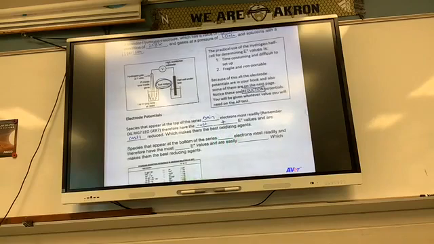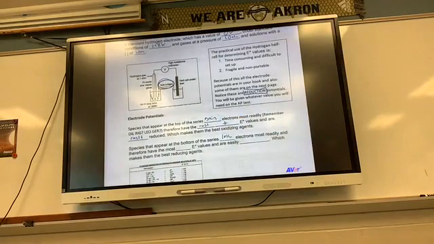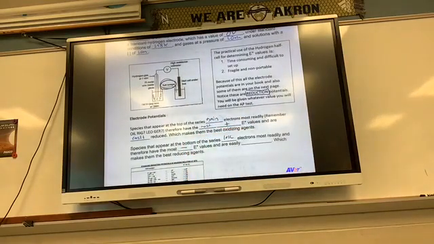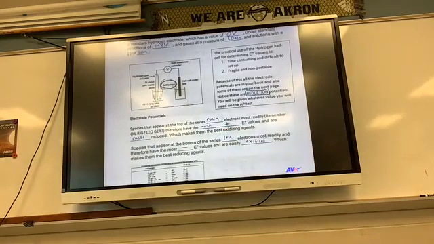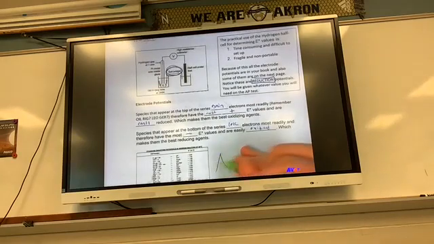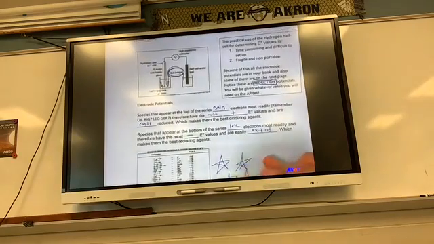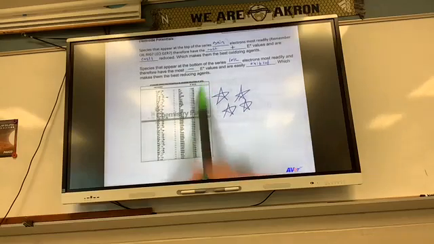That's important to know, first of all. Second of all, species that appear at the bottom of the series lose electrons more readily and therefore have the most negative E values and are easily oxidized, which makes them the best reducing agents. So this chart is going to be super, super important. We're going to use either this chart or something similar to this in our book. So this chart is really, really important.